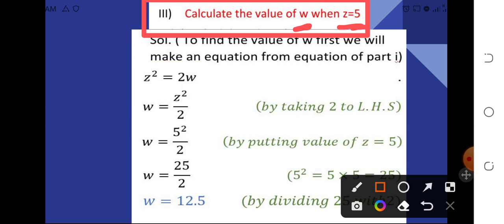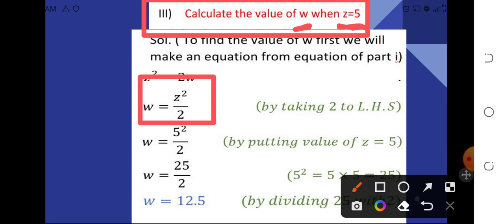Now Z square upon 2 is the value of W. By putting the value of Z, which is given in this part, Z equals 5, we put 5 in place of Z.